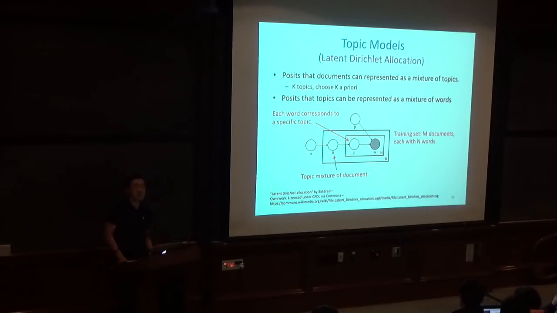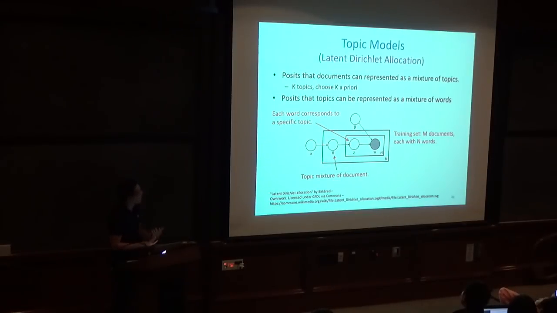Topic models. These were originally developed for modeling text. In this particular case, it's called latent Dirichlet allocation. Latent Dirichlet allocation posits that documents can be represented as a mixture of topics.